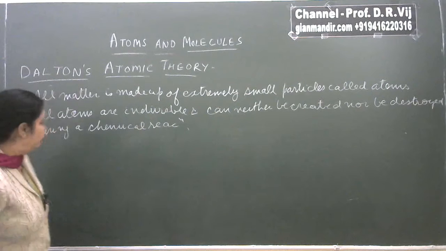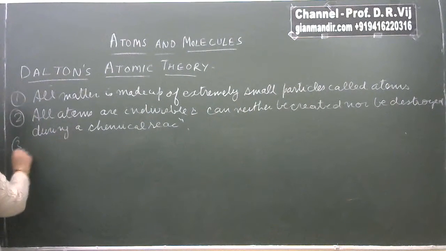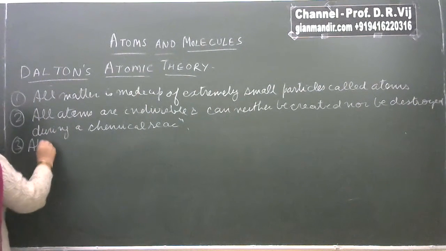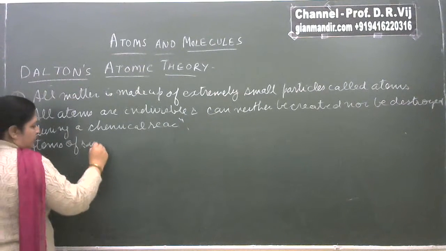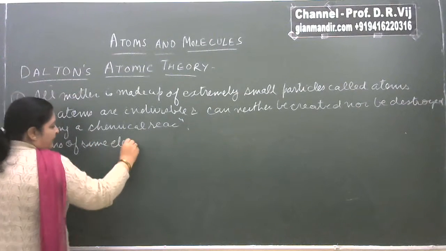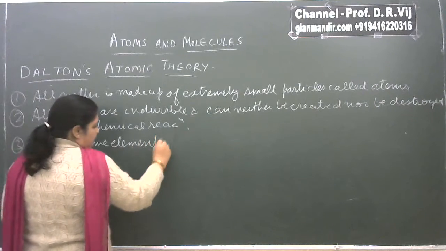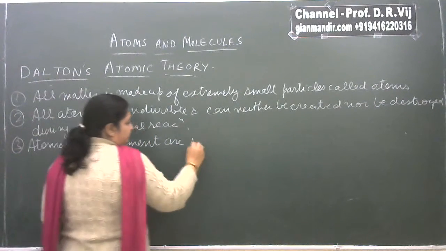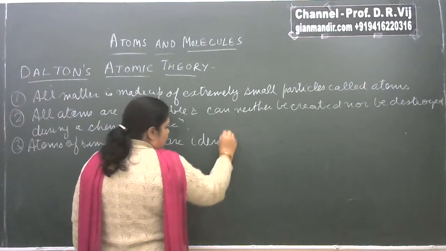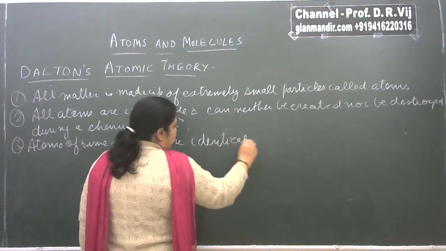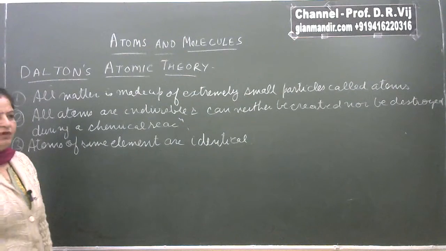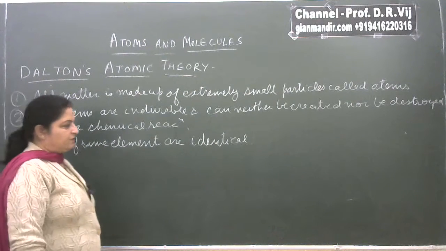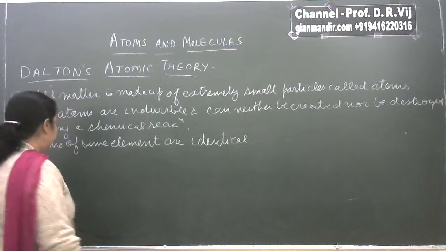Another one here is that atoms of the same element are identical in all respects, right? Atoms of the same element are identical, meaning they have the same shape, same size, same mass, and so on.